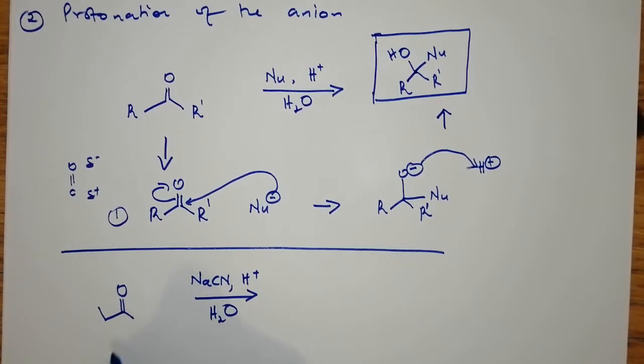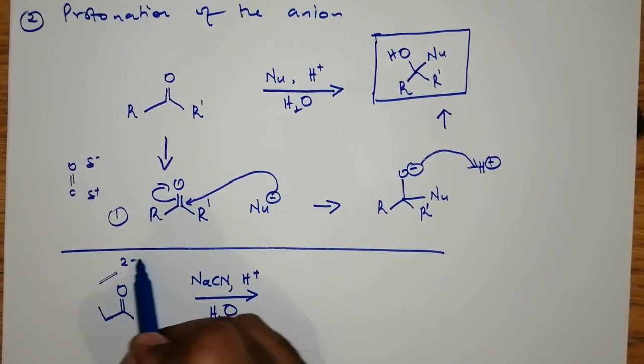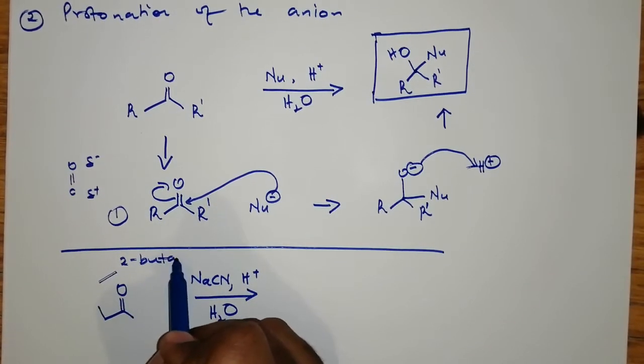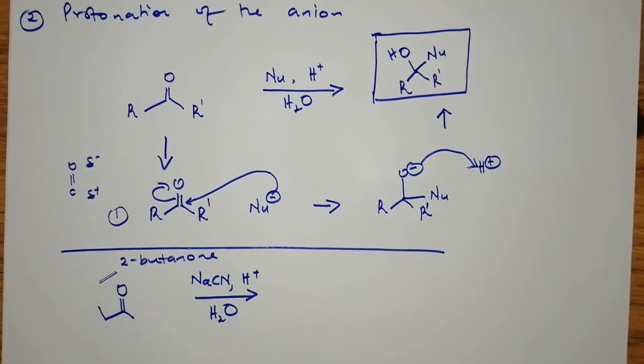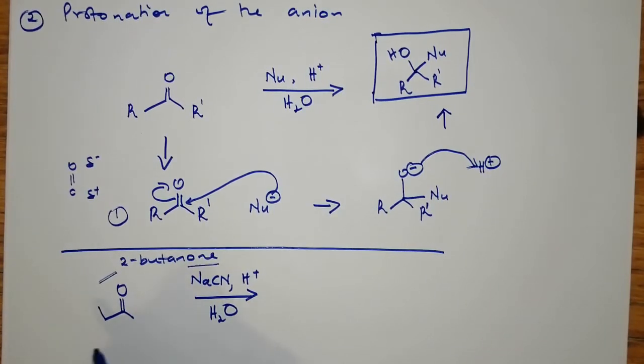Let's look at the longest chain. We've got how many carbons? 1, 2, 3, 4. So this is called 2-butanone, and this "one" is the suffix for the functional group of ketones. Also take note, guys, that we cannot start counting from this carbon right here.